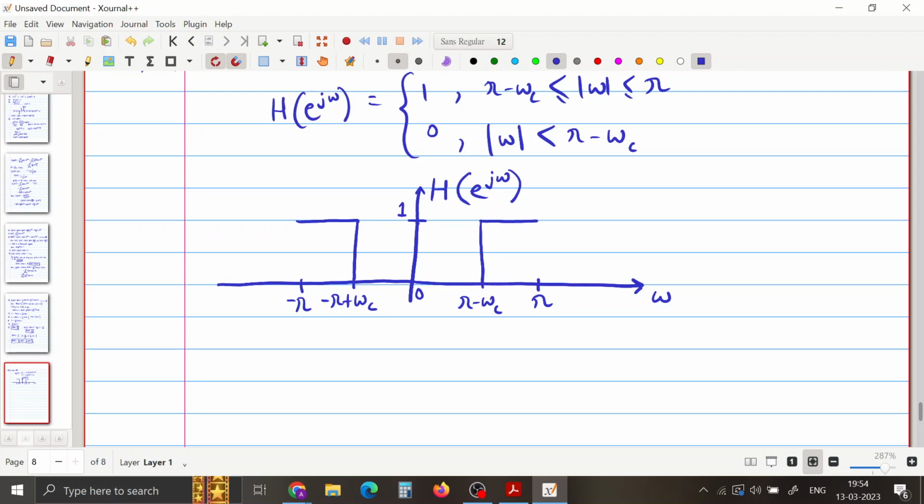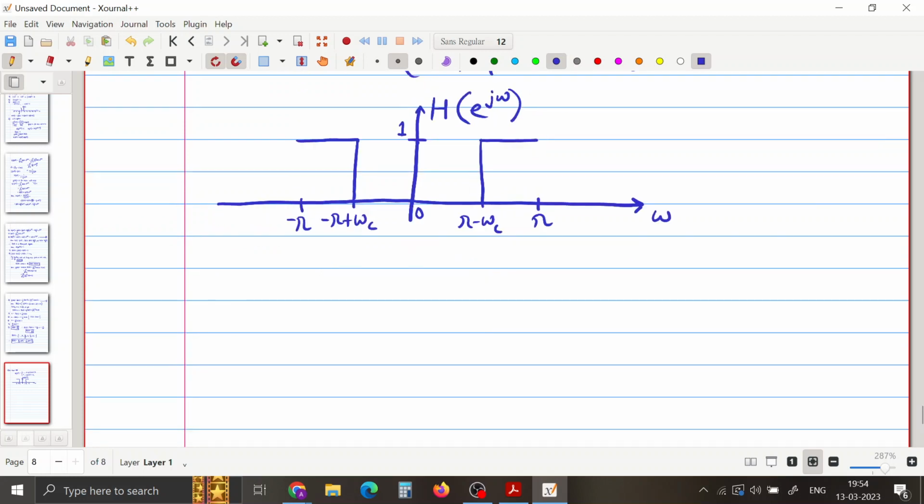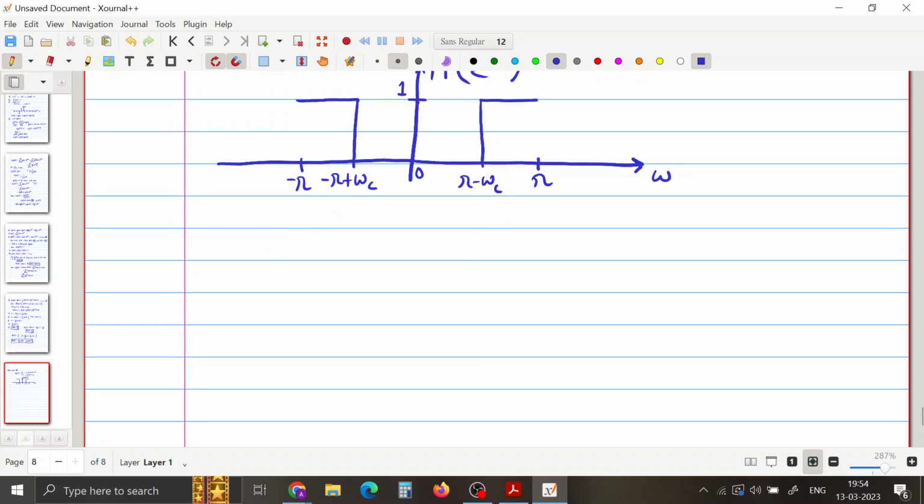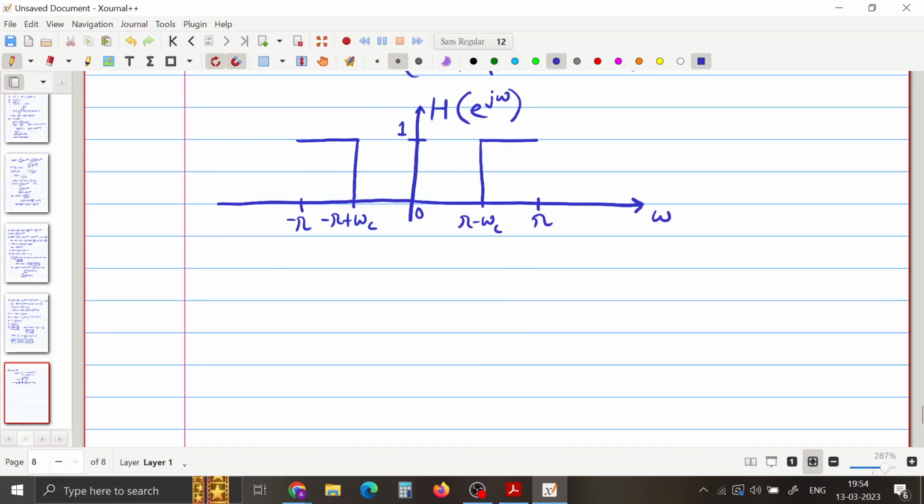This is how it looks approximately. And of course this is periodic, so it repeats after every 2 pi.